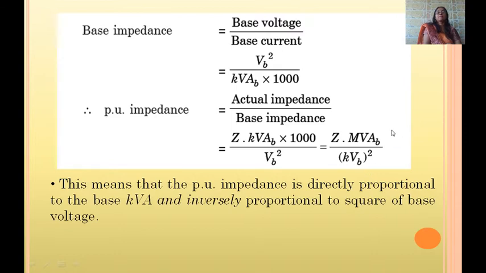Okay, it is converted in terms of MVA. This means that per unit impedance is directly proportional to base MVA and inversely proportional to square of base voltage. Inversely proportional to square of base voltage.